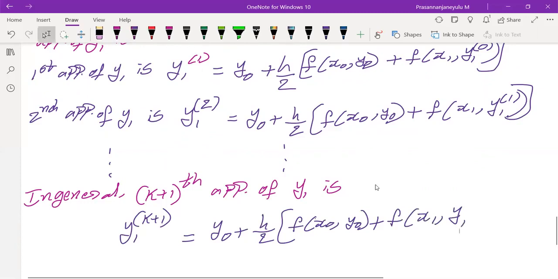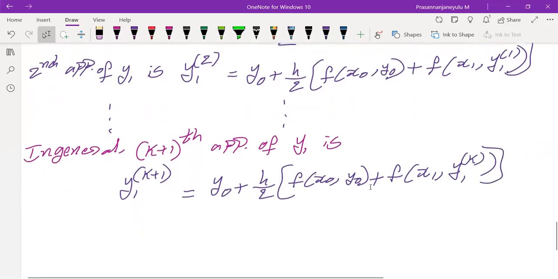Now we are finding the k plus 1th approximation, so the previous approximation is the kth approximation of y1. This is the general formula of y1.